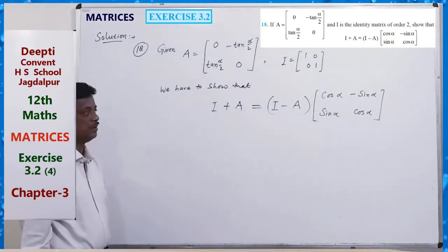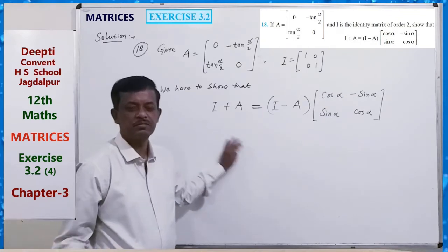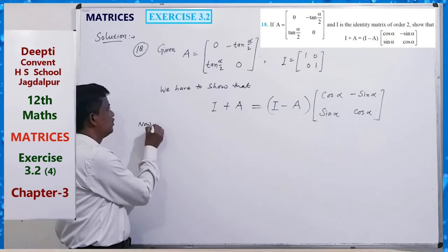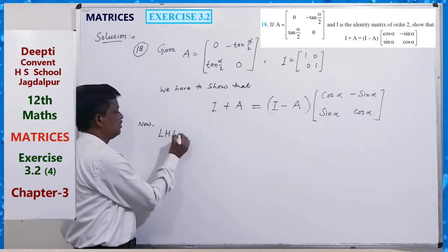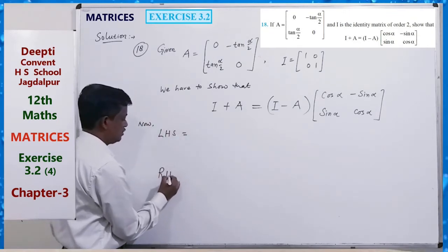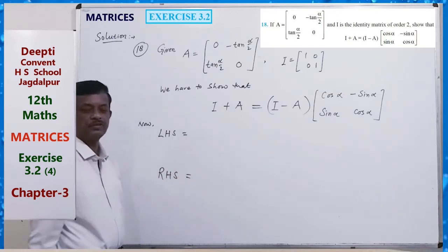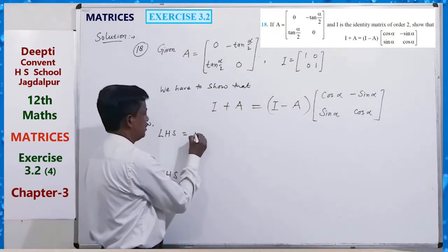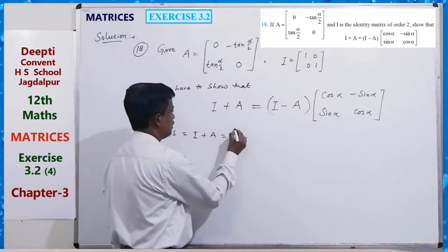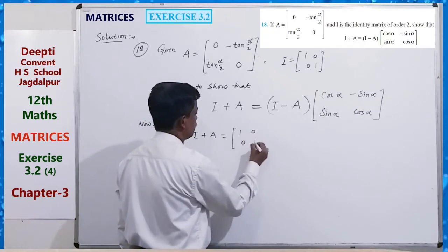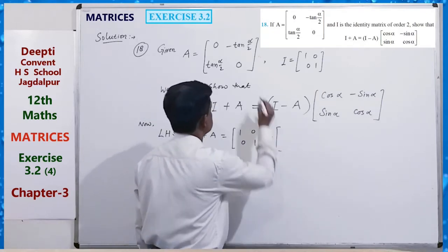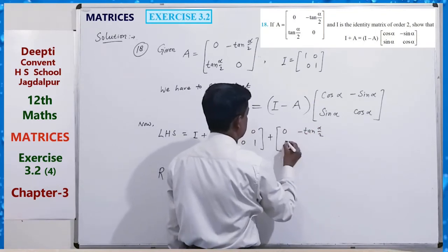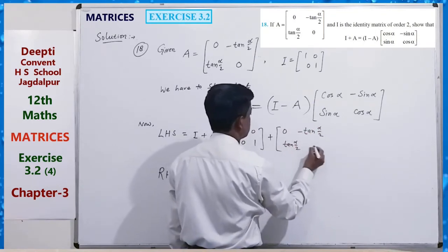So the procedure is to find the left hand side and right hand side. You can get the same result. I plus A, what? 1, 0, 0, 1 plus A, which is 0, minus tan alpha by 2, tan alpha by 2, 0.